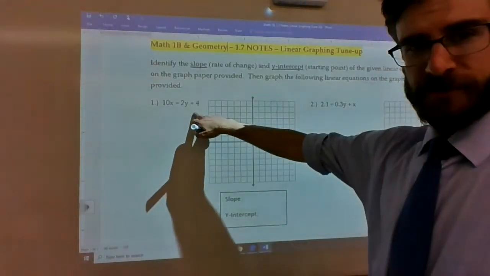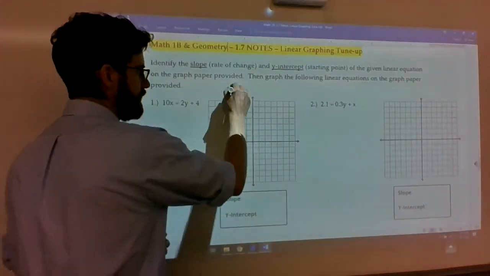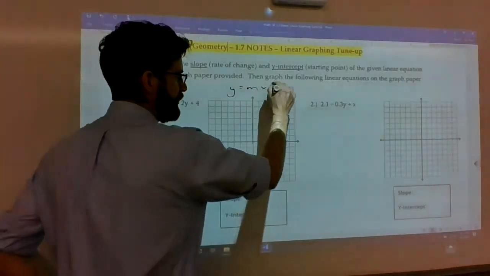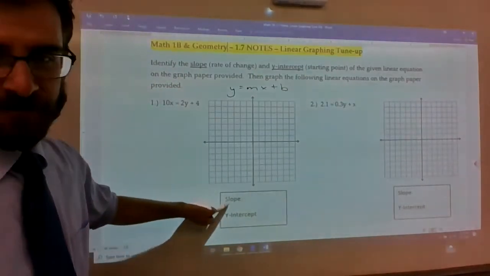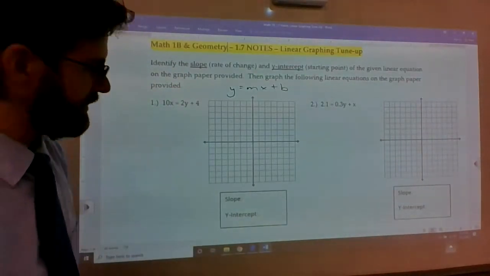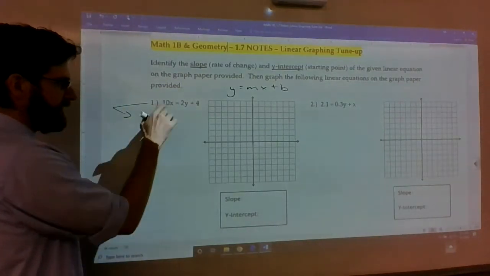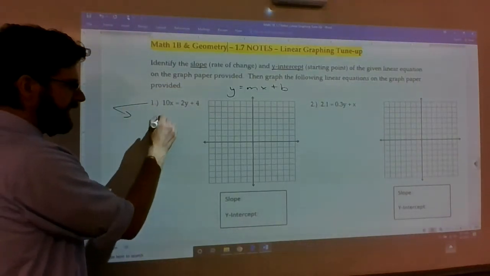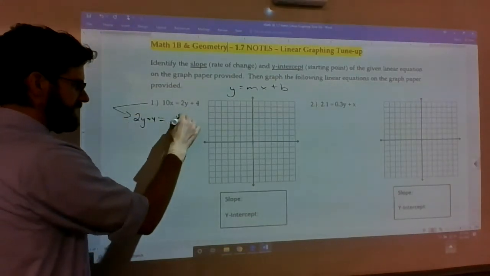So when you check these first few examples out, you'll notice y is not by itself. We're looking to create the y equals mx plus b standard situation so we can identify our slope and y-intercept very easily. So on number one, instead of having it like this, I'm just going to flip these around and call this 2y plus 4 and 10x on the right.